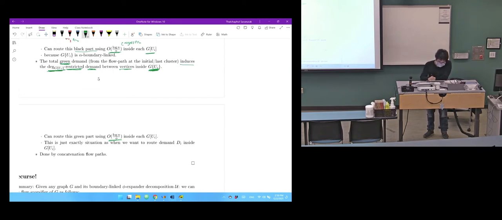But this graph is an expander. Note that this is where I need that not just the induced subgraph is an expander, but that this is a phi expander.